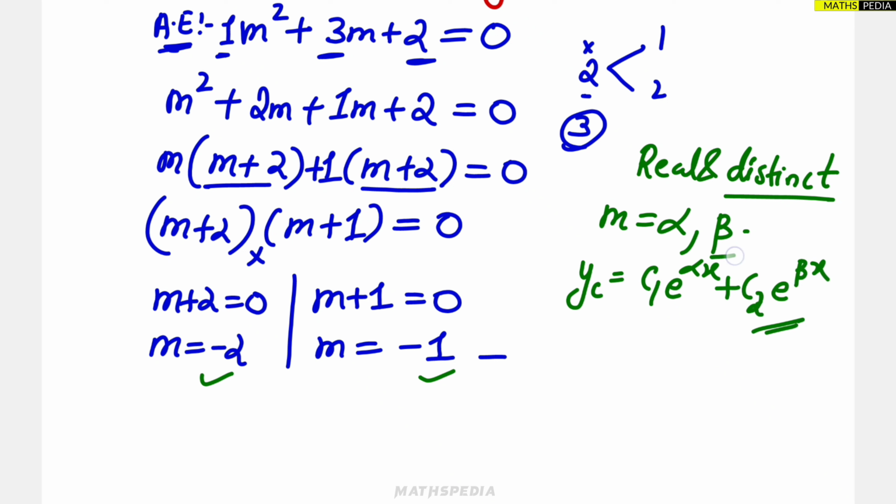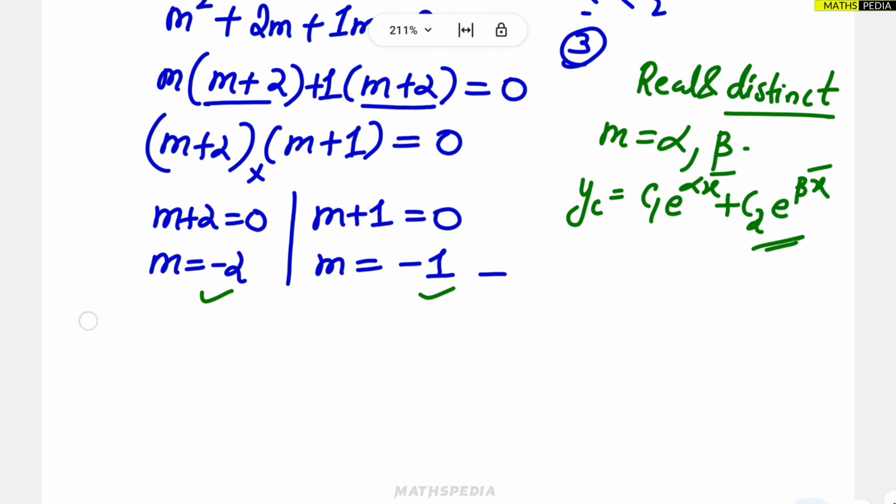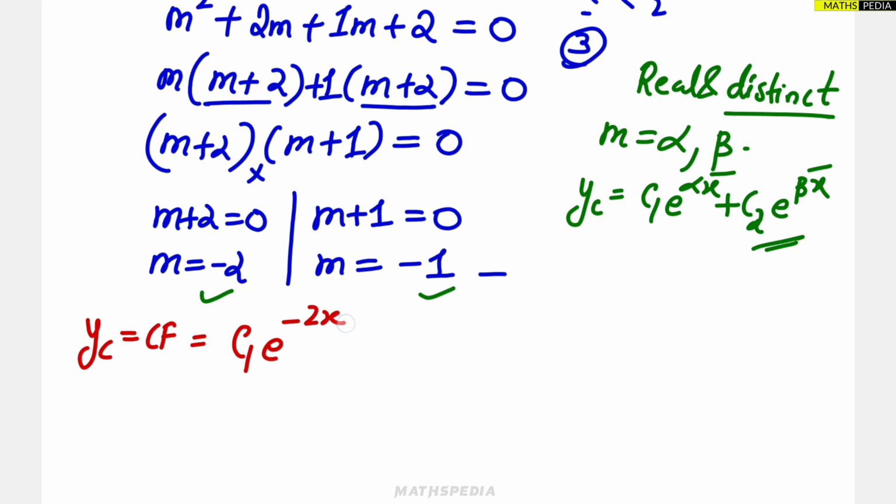This is the formula where alpha and beta are the two roots. So in this case, yc, which is the complementary function, is equal to C1 e power minus 2x, alpha is minus 2, we can take, or minus 1 also is fine, plus C2 e power beta x, which is minus 1x, so minus x.